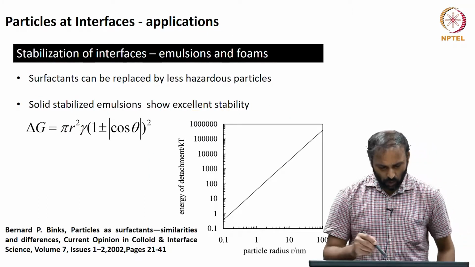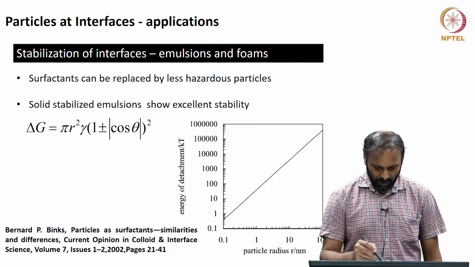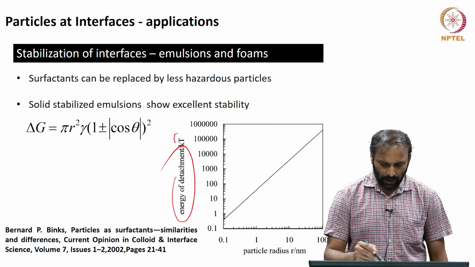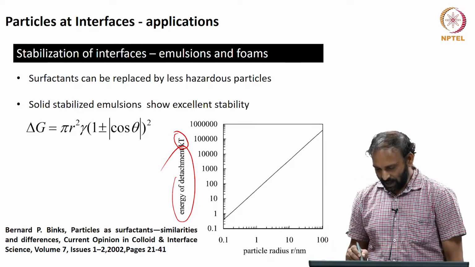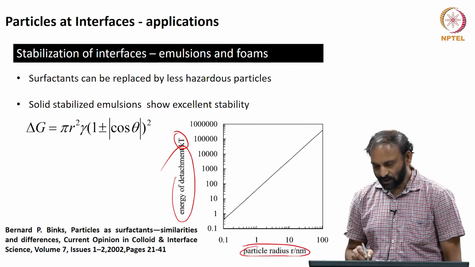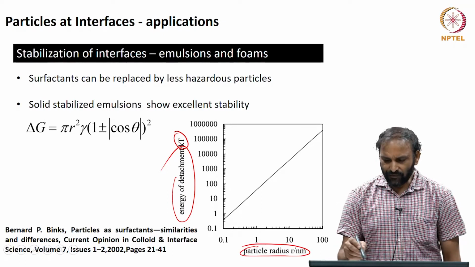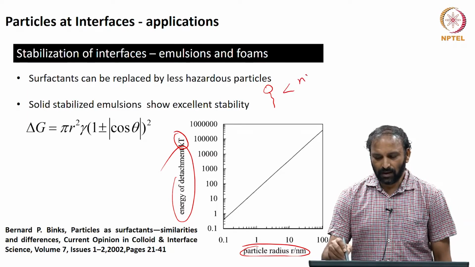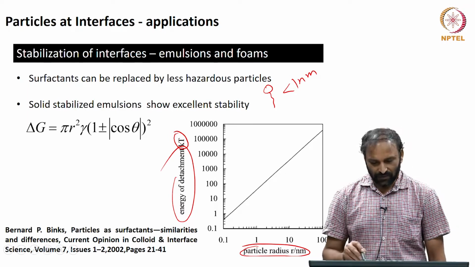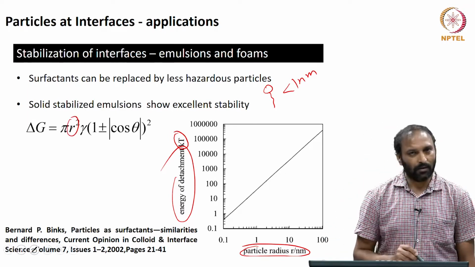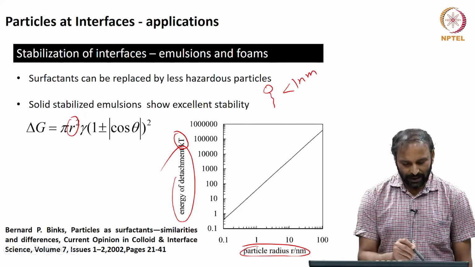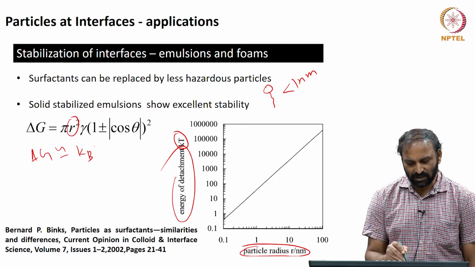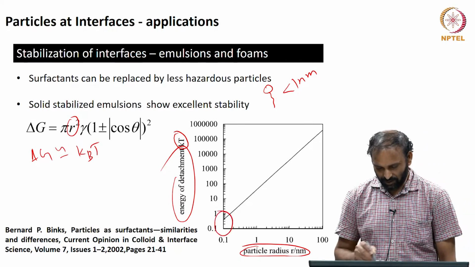So, what you see here is the energy of detachment, scaled with kBT, plotted as a function of particle radius. Now, if you consider surfactant molecules, which are sub nanometer in size, and substitute r to be sub nanometer, this delta G turns out to be of the order of kBT itself, somewhere here.